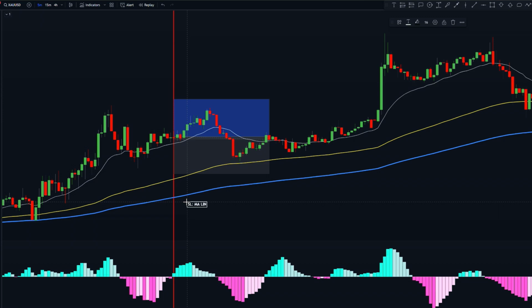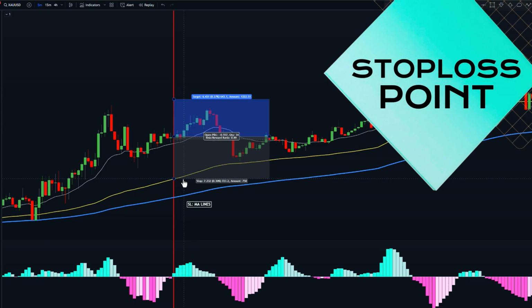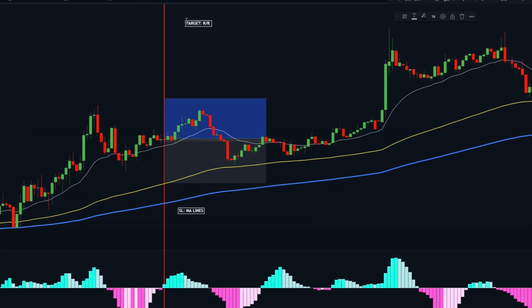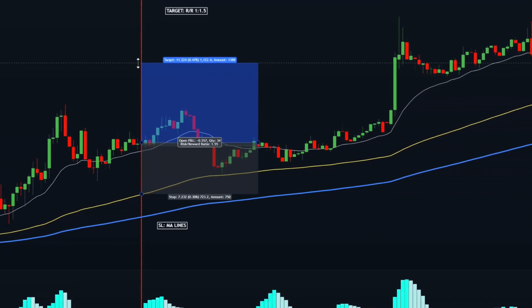A stop loss is like a safety net that automatically closes your position if the price drops to a certain level. This helps you minimize your losses if the trade doesn't go as planned. Finally, let's talk about your profit target. Aim for a risk to reward ratio of around 1 to 1.5.